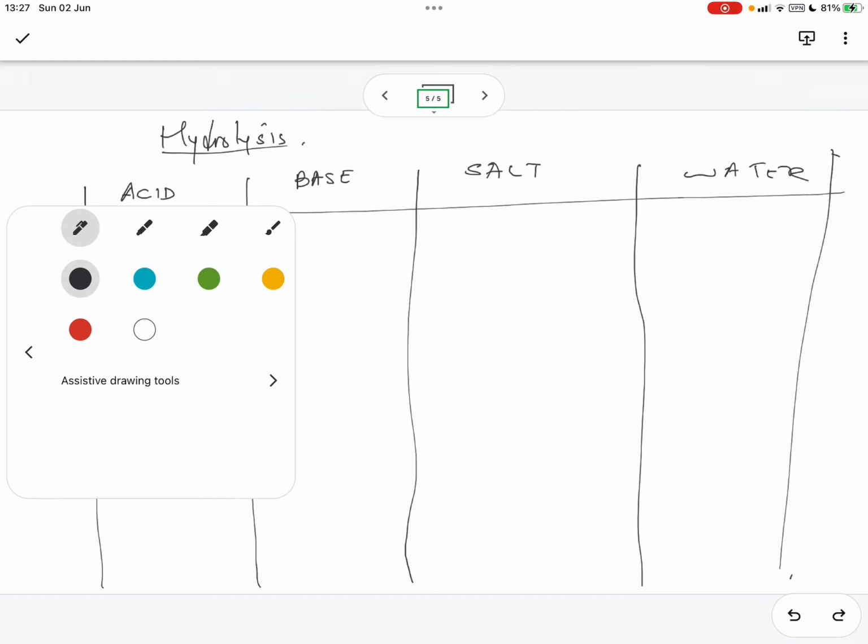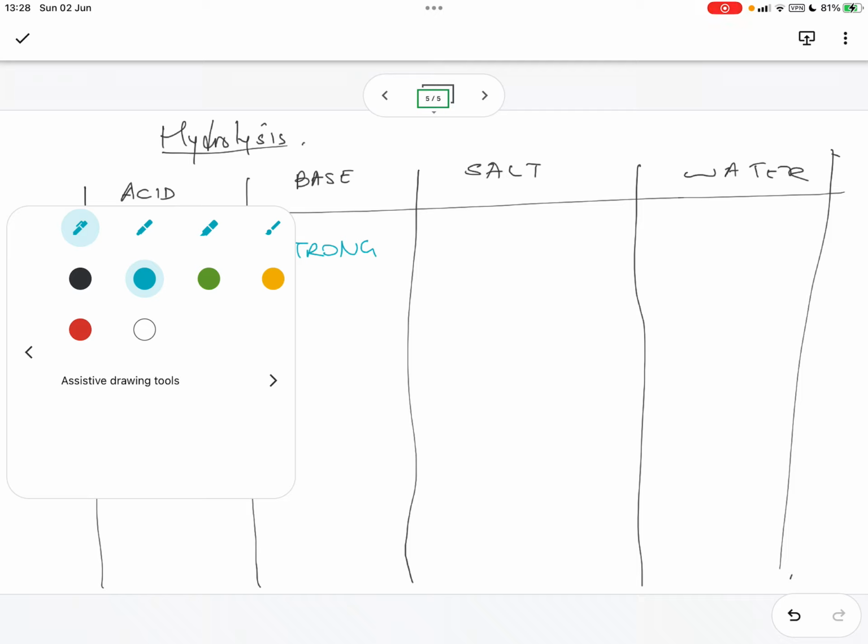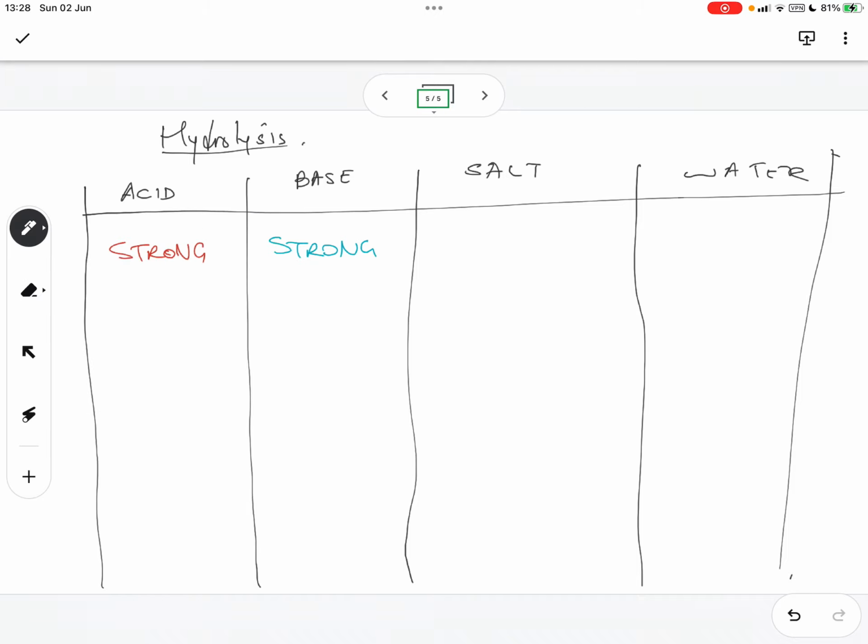If we have a strong acid, so an acid that is strong and a base that is strong, they give us a neutral salt, ne? And a neutral water solution, ne?